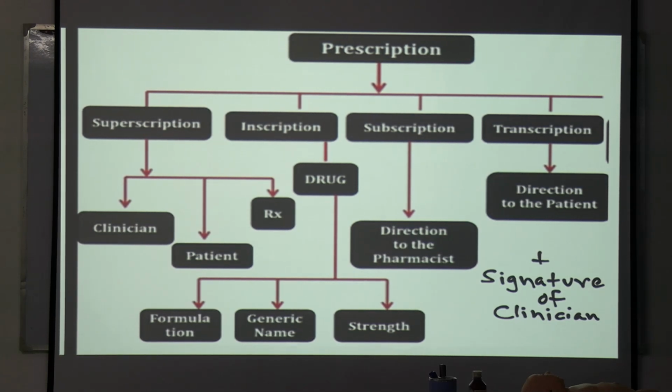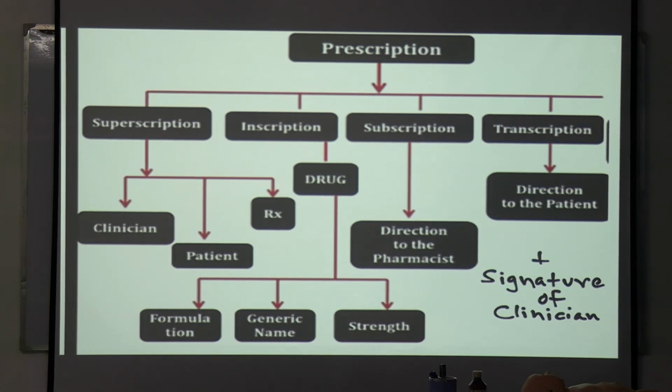So doctor's details or clinician details, patient details, and then after patient details there is a symbol that is printed in every prescription, called RX, which actually means take thou. The word RX actually means the doctor is advising the patient, take thou, take it, ঠিক আছে, RX.